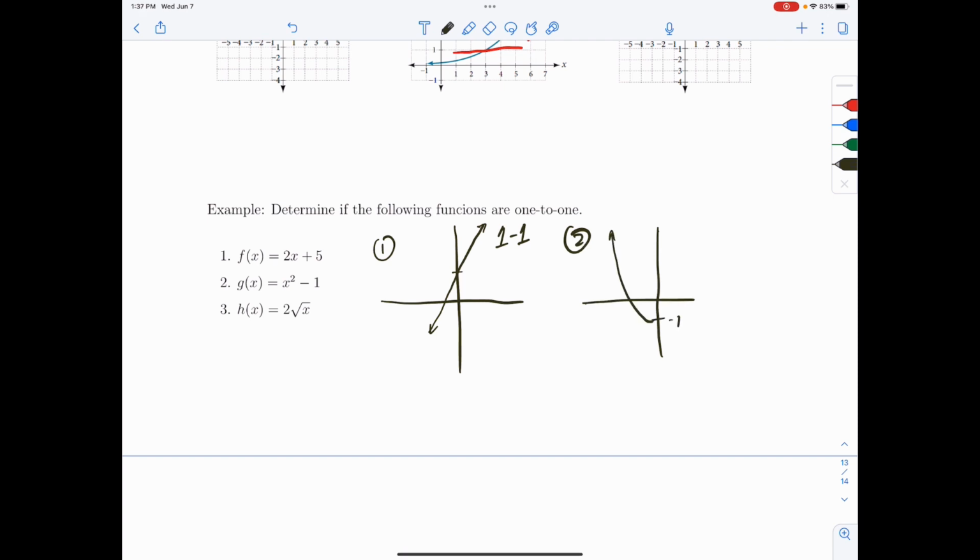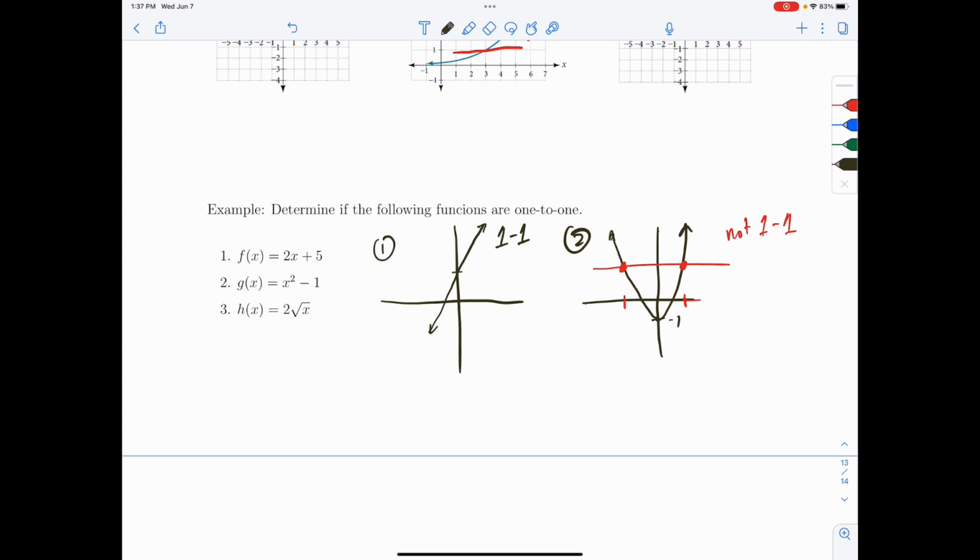That is not going to be one-to-one because this does not pass the horizontal line test. So we'd say not one-to-one here. And again, this input and this input both give the same y value as an output. So that's why this is not one-to-one.